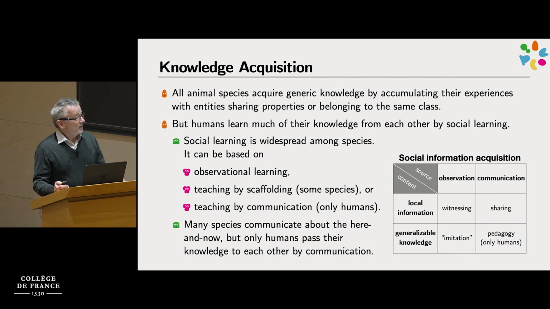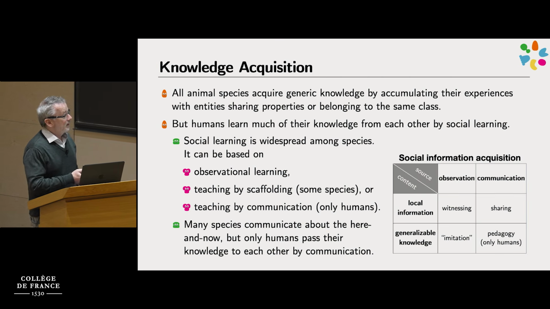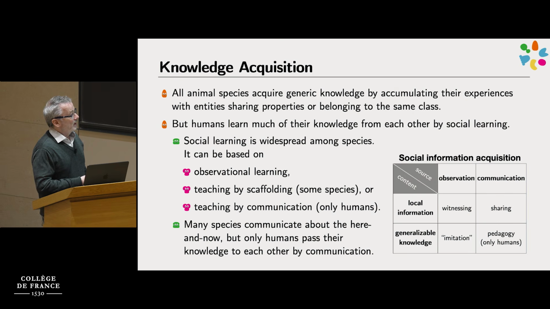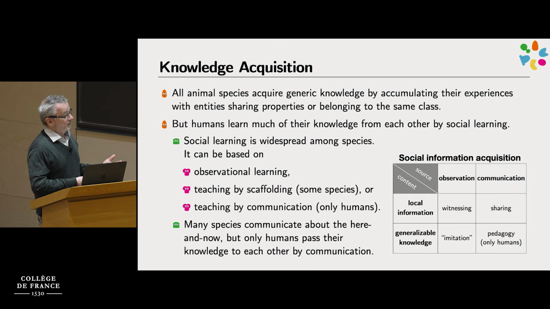So this is a very simplistic way to organize the kinds of classifications that I mentioned here, by source and content. A source could be observation or communication, so activity from the source as well. And the content could be local information, which is relevant here and now, or something which is generalizable to knowledge.